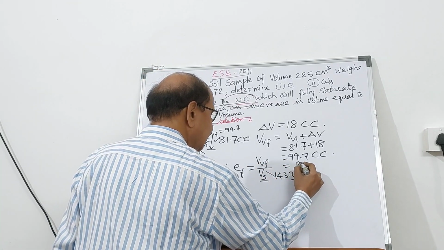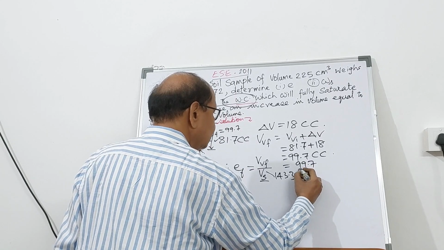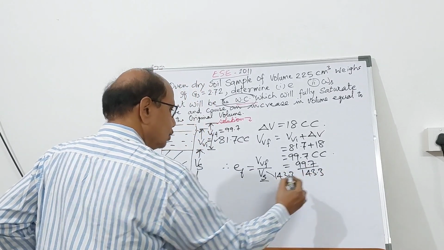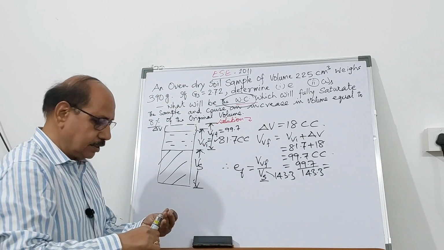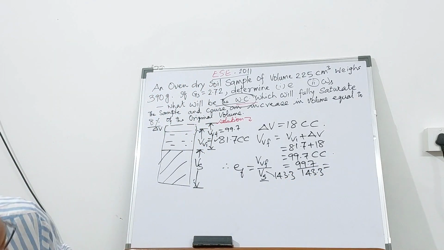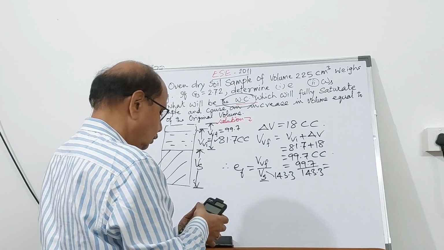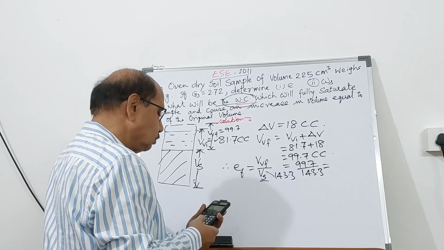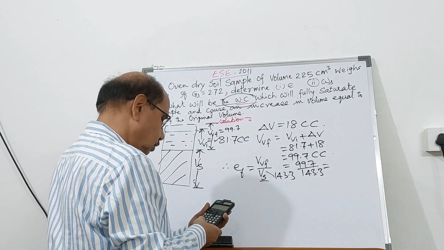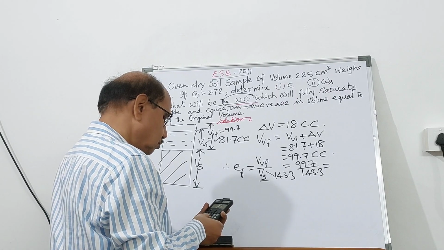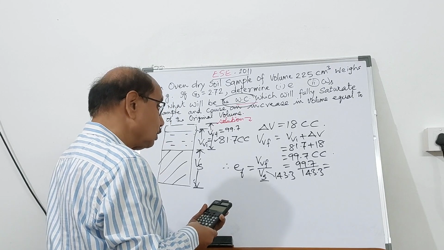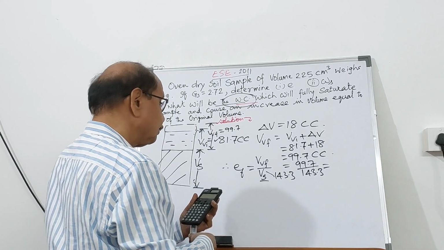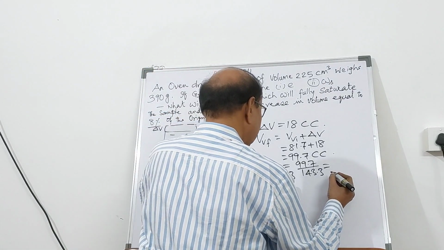This is going to be 99.7 divided by 143.3. So the final void ratio can be computed, and this is 0.695.